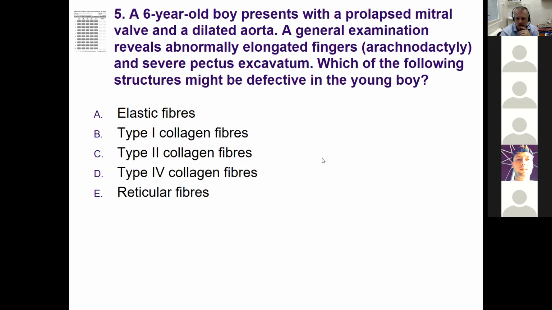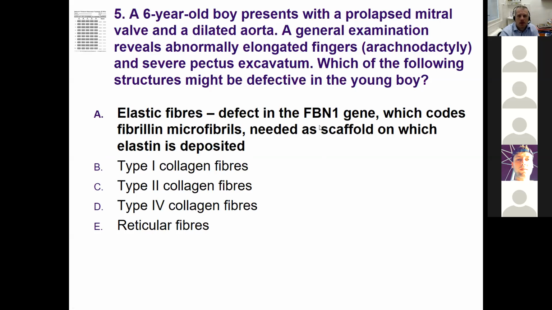We have more than 70% of students. I will share the results with you. Perhaps you see this now. Okay, and most students voted for A, which is correct. And it's a condition based on the mutation of a gene coding fibrillin.